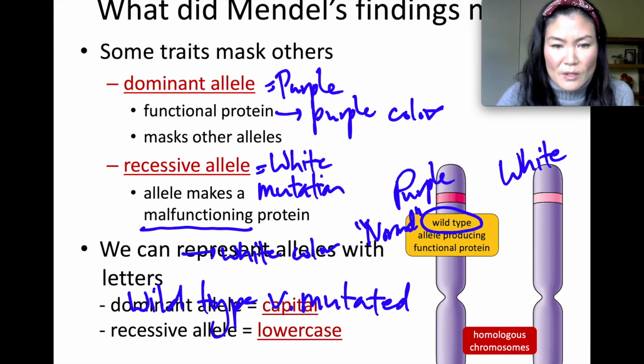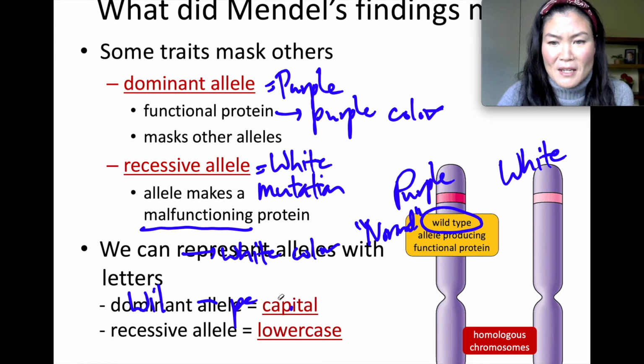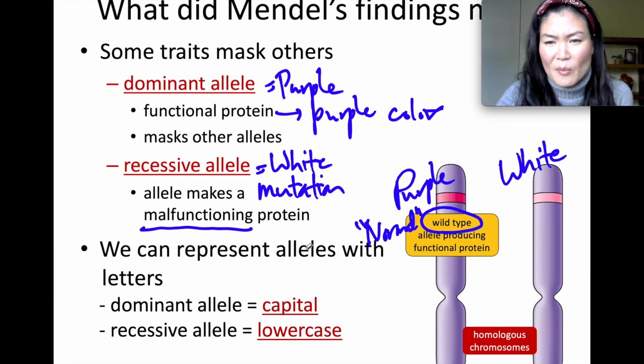Let me erase that so you guys can actually see. As I was saying earlier about letters representing alleles, we are going to be doing Punnett squares. The Punnett square is going to tell us the probability of the outcome for offspring.